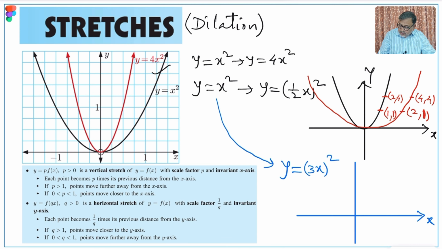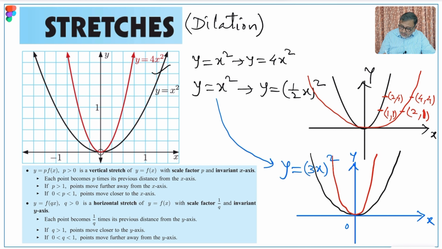This is your x-axis, origin, y-axis. So your original graph is suppose like this. Now when you multiply it by 3, the graph will come closer to the y-axis.